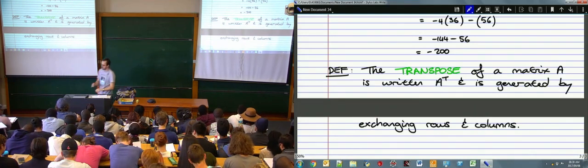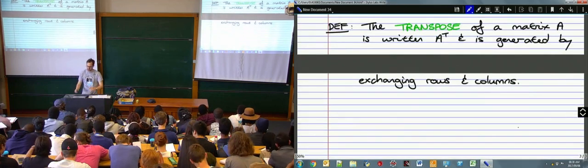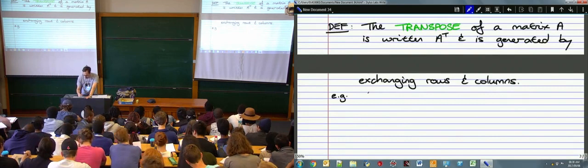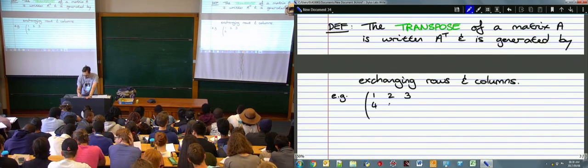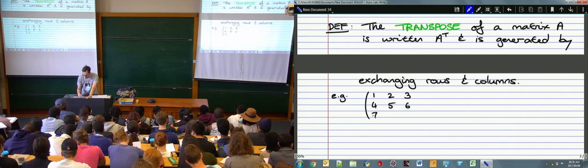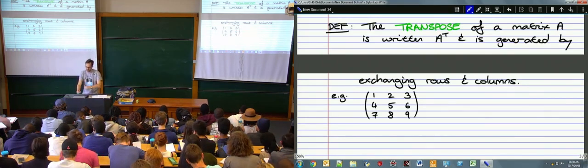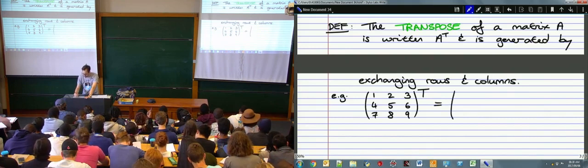So let me just show you a very simple example of the transpose of a 3 by 3 matrix so that you get the idea. For example, if I took 1, 2, 3, 4, 5, 6, 7, 8, 9, I take this matrix over here and I take the transpose of this matrix.